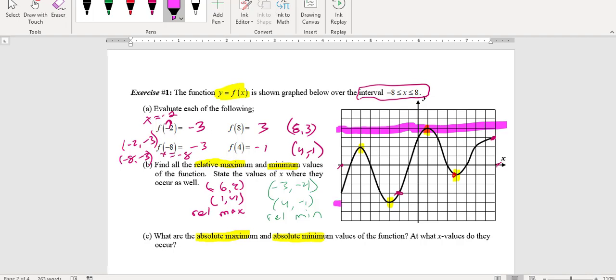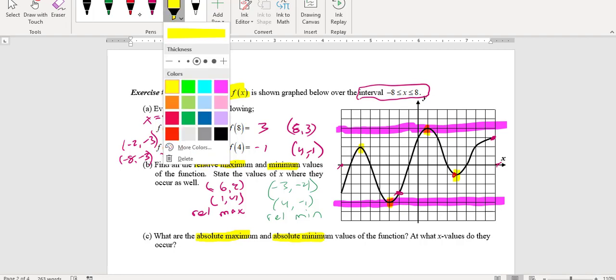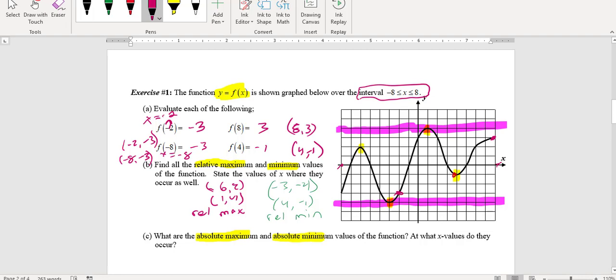The very, very lowest this function goes is right there. The highest value occurs at (1, 4), so your absolute maximum is (1, 4). Your absolute minimum occurs here, at (-3, -4).